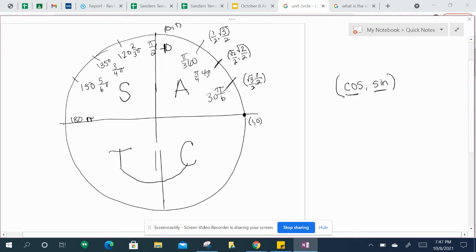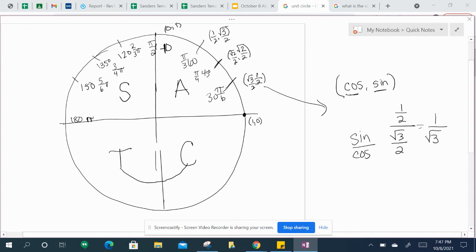Now, I know I haven't explained everything, so if you've got questions, please feel free to ask. But even though this only tells us the cosine and the sine, we can find the tangent because tangent is always the sine divided by cosine. And so if you look at this first ordered pair here, if you found the sine, 1/2, divided by the square root of 3 over 2, if you got rid of that as a fraction, it would become 1 over the square root of 3.